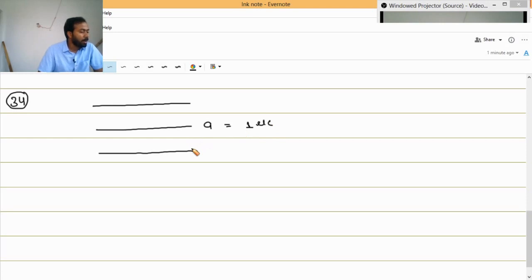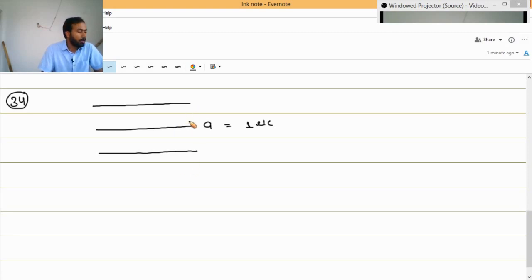Then in part A, what is asked is what will be the charge on the outer surface of the upper plate. So we are asked about the charge on this side of the plate, and this is part A. What is asked in part B is to find the potential difference developed between the upper plate and middle plate.